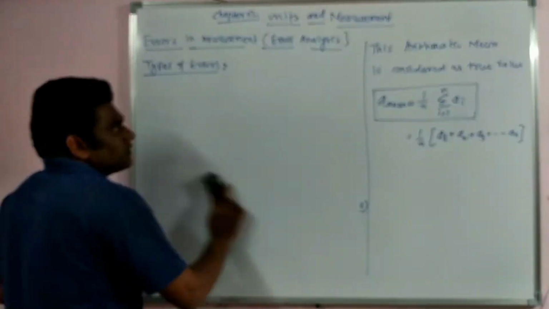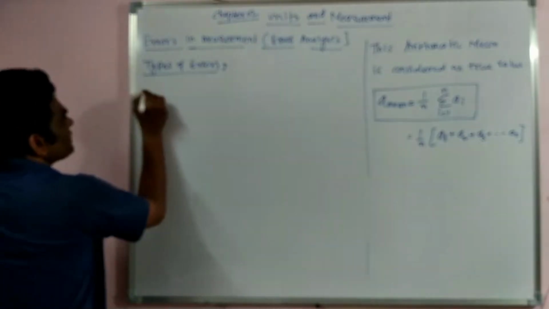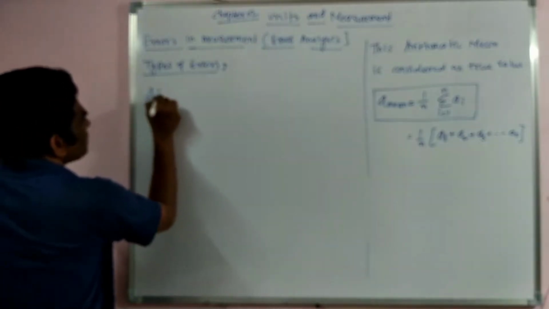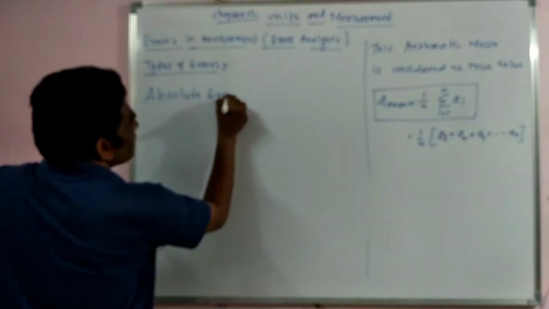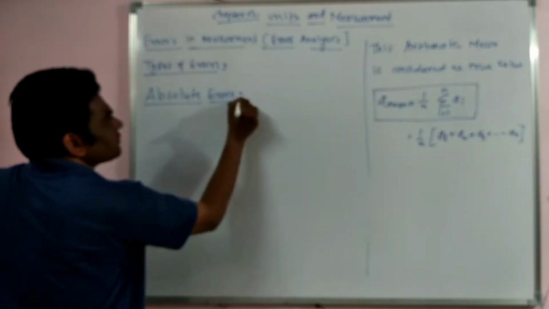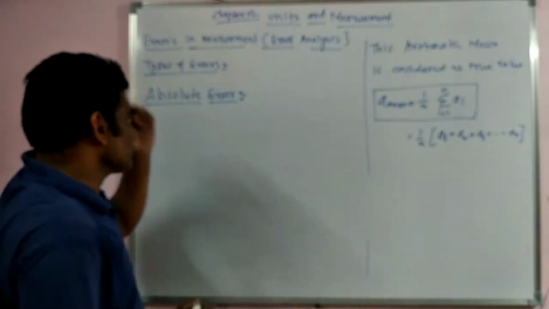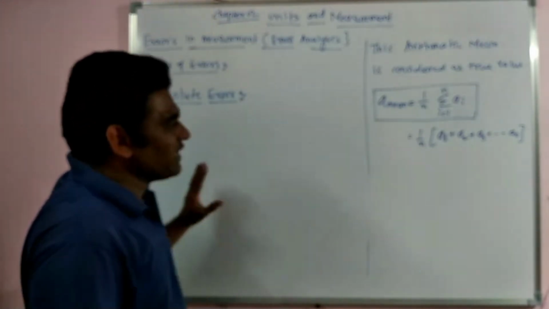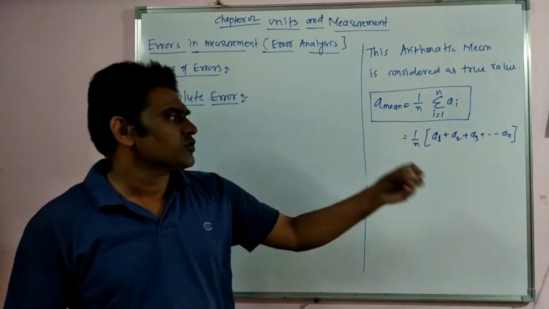So first is absolute error. What is absolute error? Absolute error means what? Suppose in a measurement a number of readings are taken, suppose 5, 10, something.